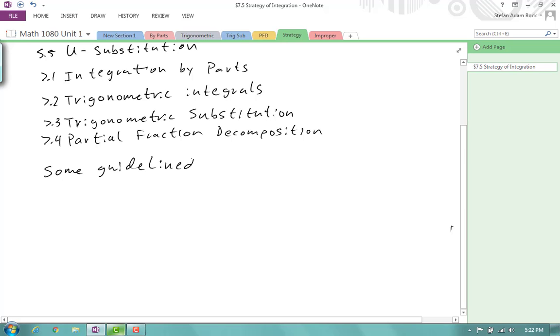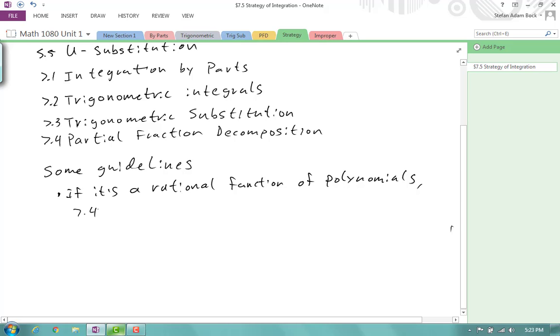So some guidelines. First, we're going to have some kind of an integral, and we're going to want to look at it. If it's a rational function of polynomials, then we're definitely going to go for 7.4.